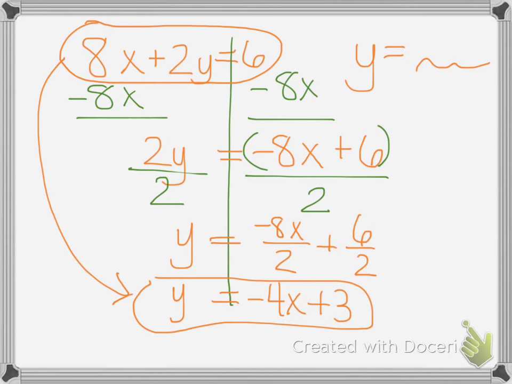The advantage of having it in this form is that I can read the slope easily. Standard form and this one, which we're going to call slope-intercept form, are just two different ways of writing linear equations. So the slope of this equation is negative 4.